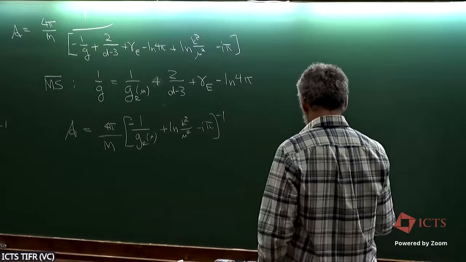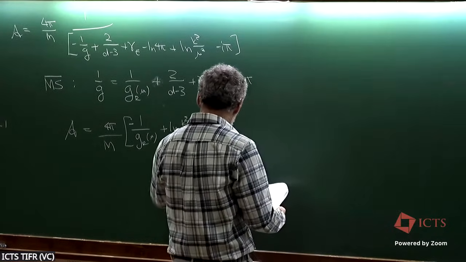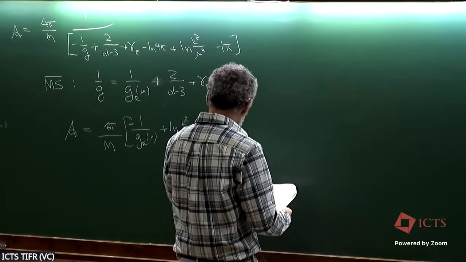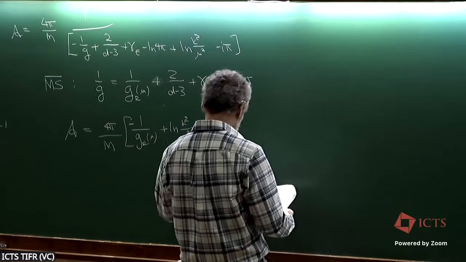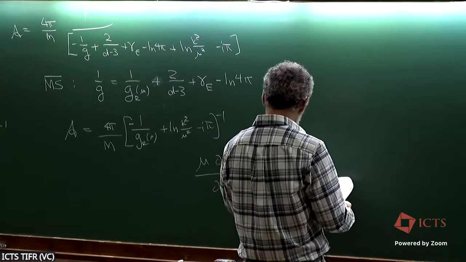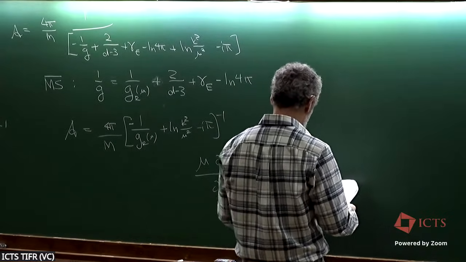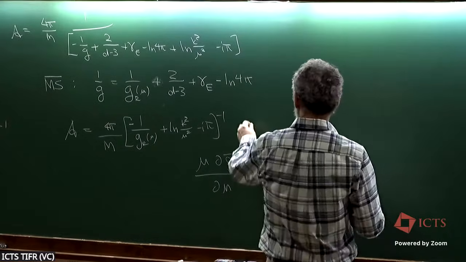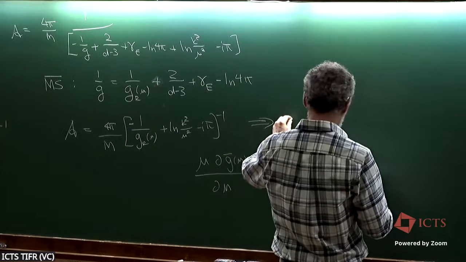Okay, so if I define mu d G bar of mu, I'm going to drop the r for renormalized, d mu, equals beta of G bar. Well, sorry, first of all, the amplitude has to be physical.